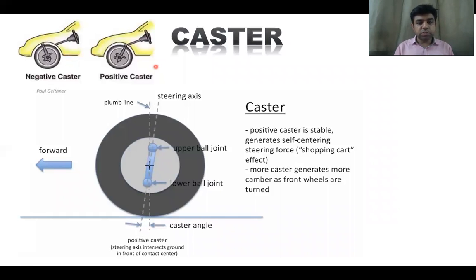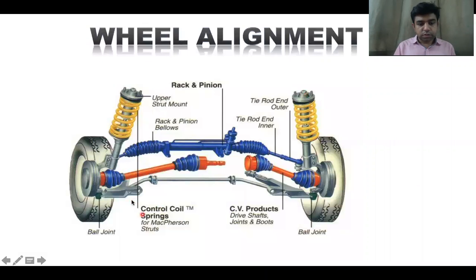You need to have these angles in a proper way in order to have the wheel in an aligned condition. If you need to adjust toe, you can adjust it at the tie rod. For camber and caster, you can make a proper adjustment at the lower arm.